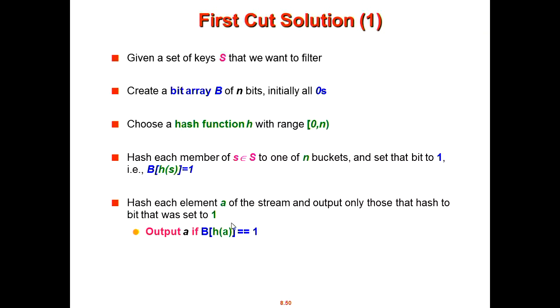And if the corresponding bit is 1 as well, we guess this element A is in S, because A has the same hash value as one element in S. So the probability that A is in S should be high. We just make a guess, actually.